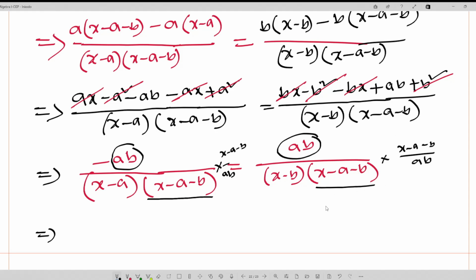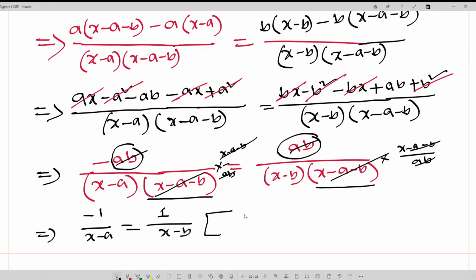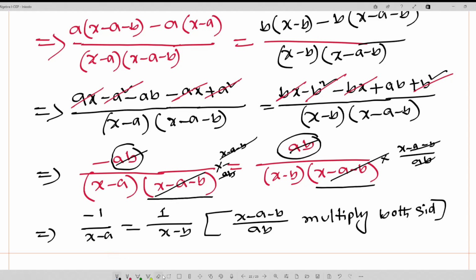Just think, so this ab and x minus a minus b cancel out, and we will get minus 1 over x minus a equals to 1 over x minus b. So here we can write x minus a minus b divided by ab, multiply both sides, right?